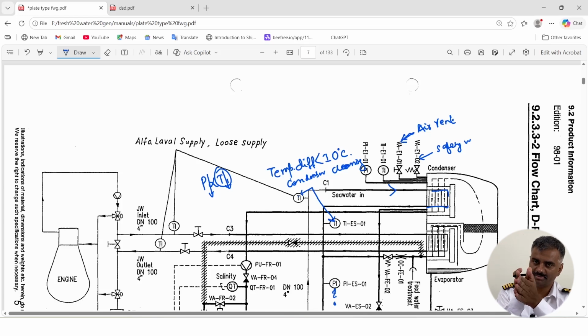So one chamber will be having seawater, the cold seawater coming from the ejector pump, and then one chamber will have the evaporated steam coming in.